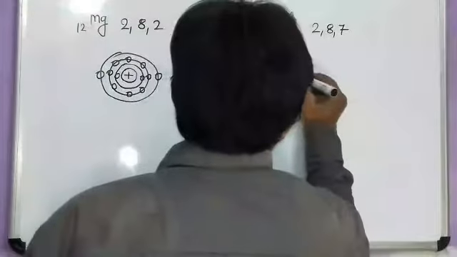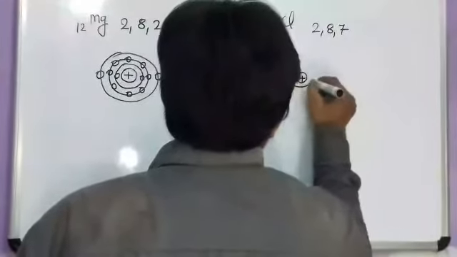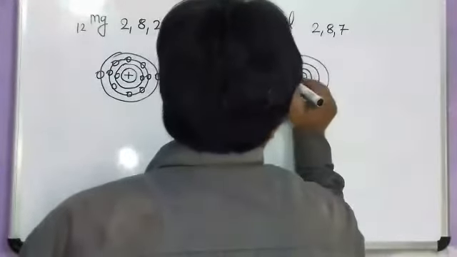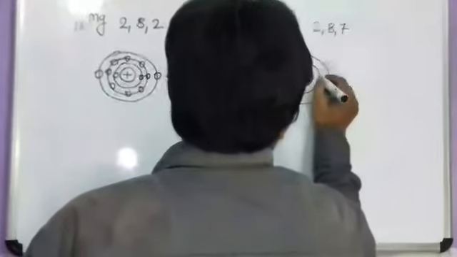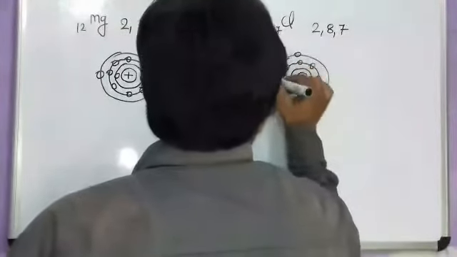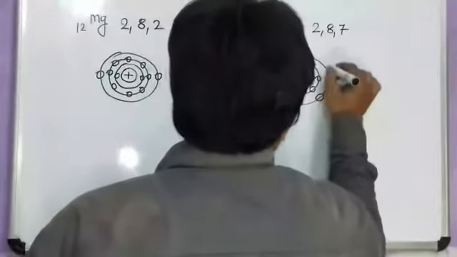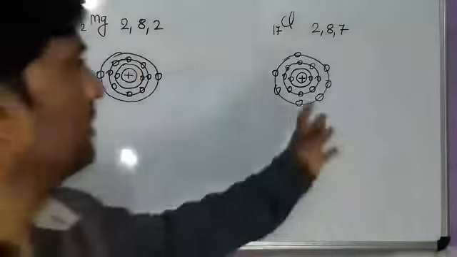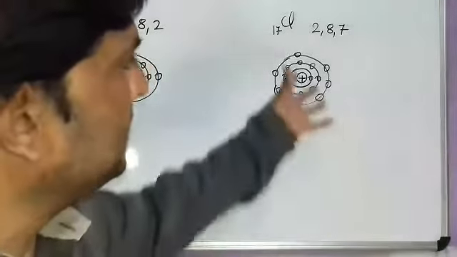Here is the structure of chlorine, 2, 8, 7.